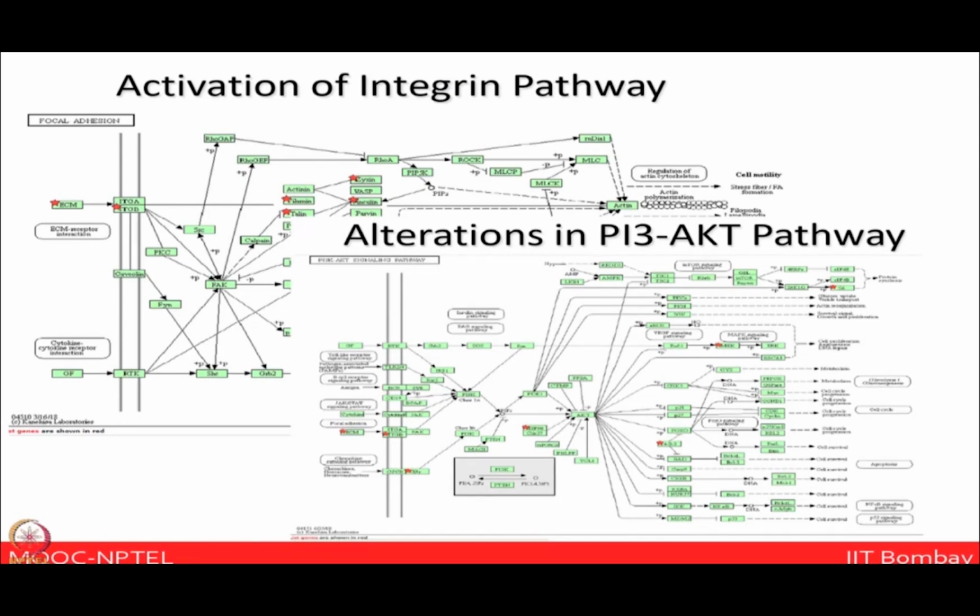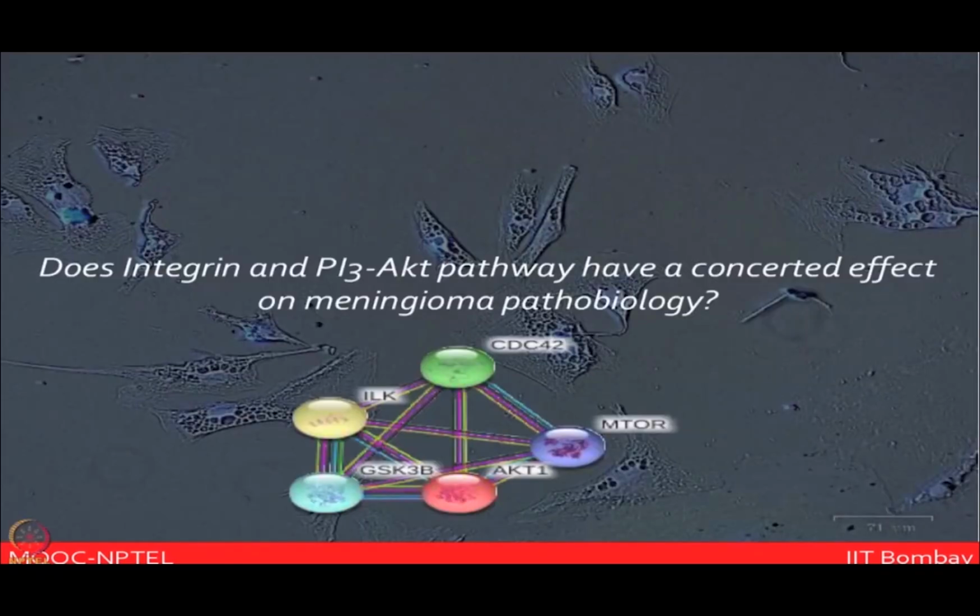So, the logical flow was to investigate this pathway in much more detail. Many of the network proteins shown here were identified from our discovery workflows. So, our question was whether the integrin and PI3K AKT pathways have some concerted effect on meningioma pathobiology.